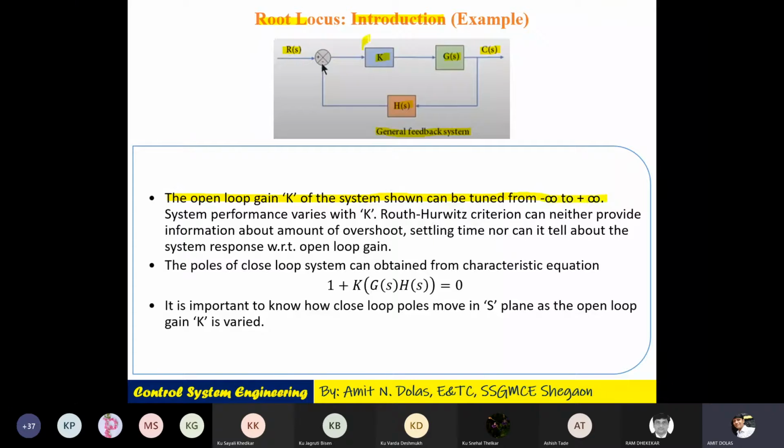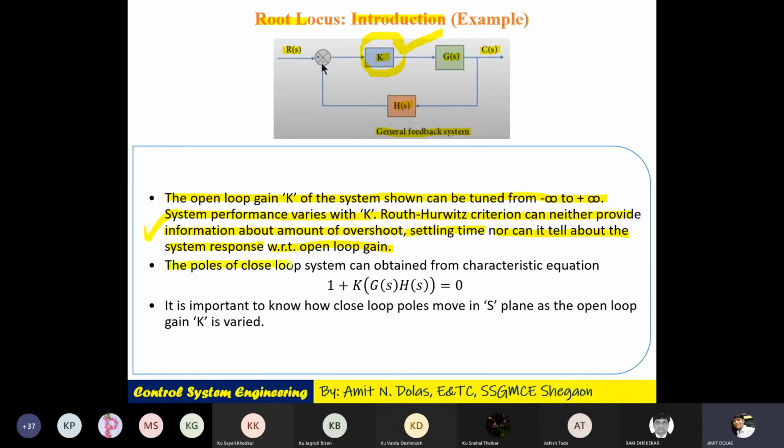System performance varies with K. Of course, it will vary because K exists in the transfer function. The RH criterion can neither provide information about the amount of overshoot or settling time, nor can it tell about the system response with respect to open loop gain. A kind of drawback of RH, of course.